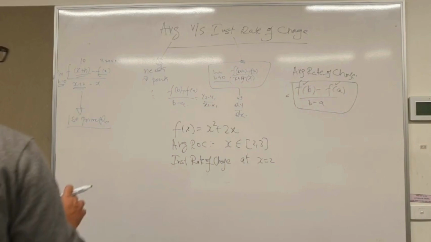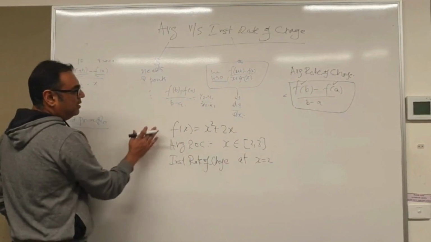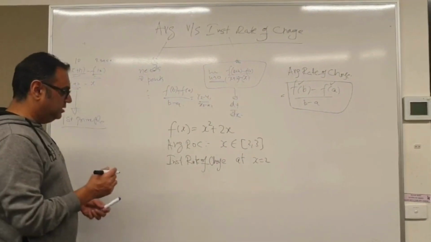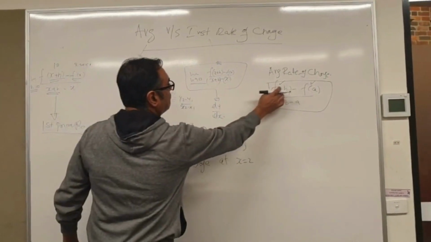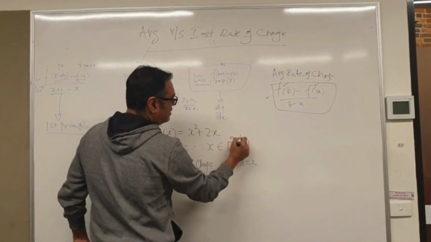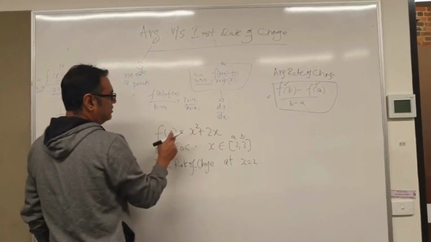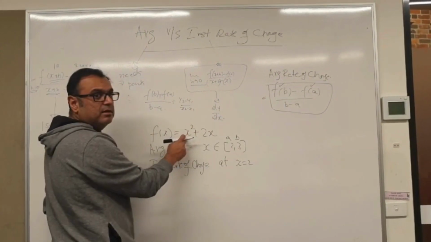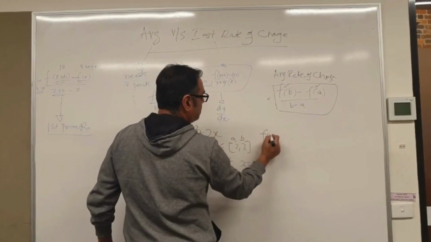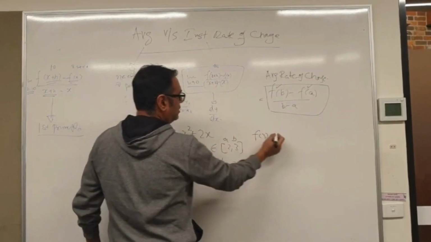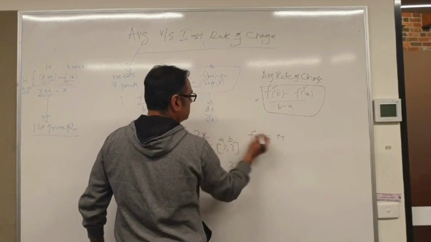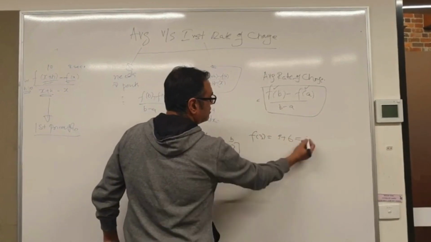Now, average rate of change needs f of b minus f of a. If this is a and this is b. Ryan, did you do f of b first and plugged 3 here? So your f of 3 is 3 square is 9 plus 2 times 3 is 6, which is 15.